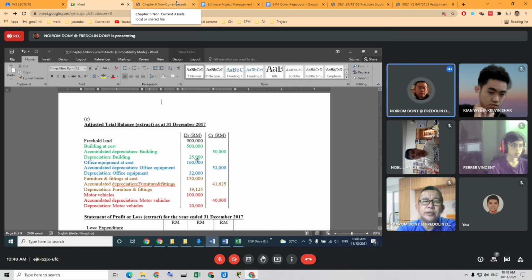List down all that you have provided just now. So initially, when we have a trial balance, we only have the asset and the accumulated depreciation without the current year depreciation. When we do the adjustment, we have calculated the depreciation, then we will have the adjusted trial balance with all the depreciation we have provided for the current year.